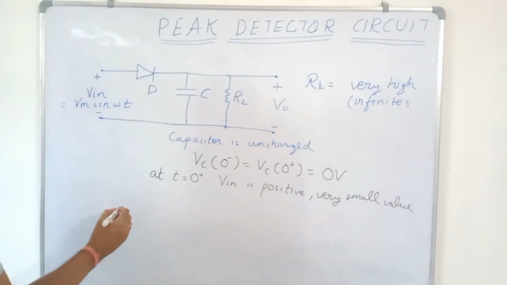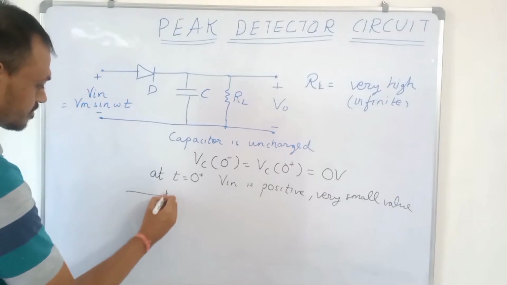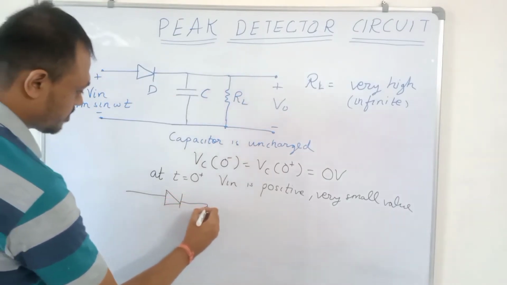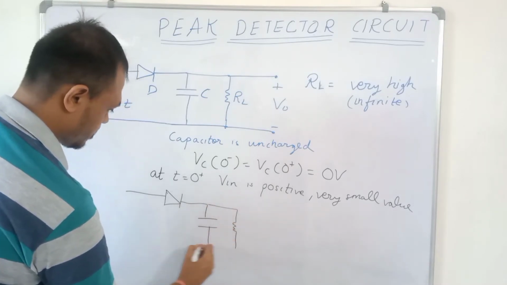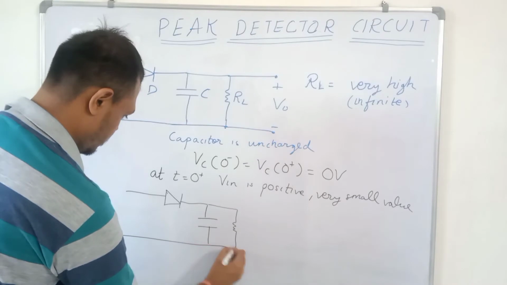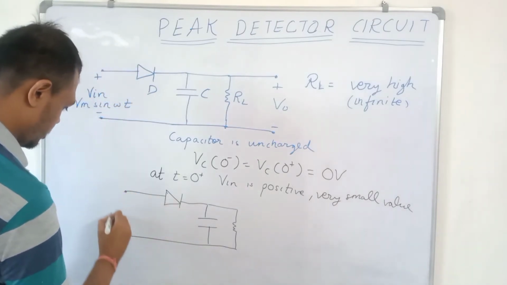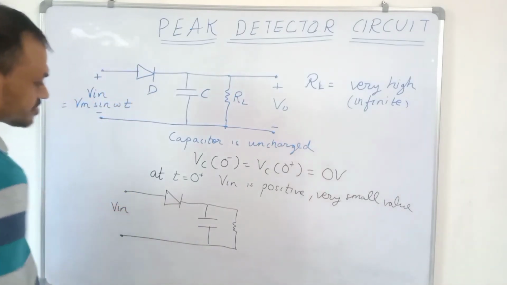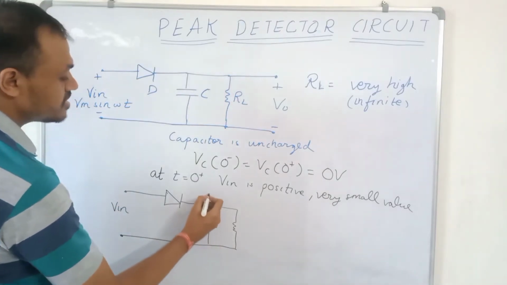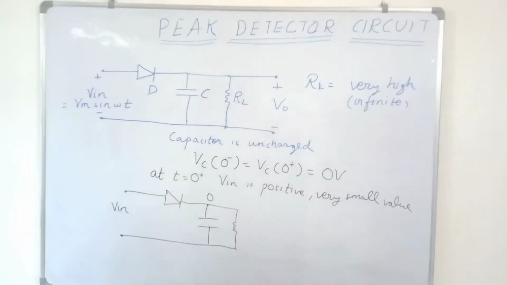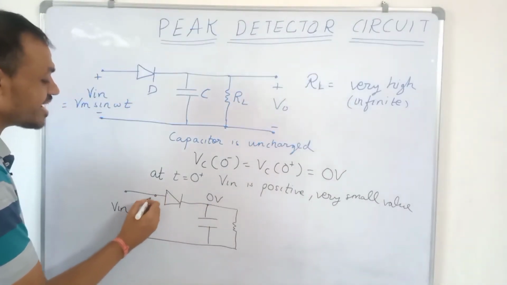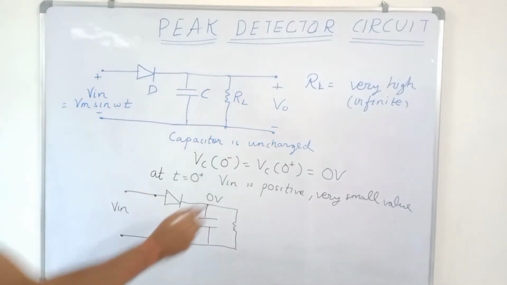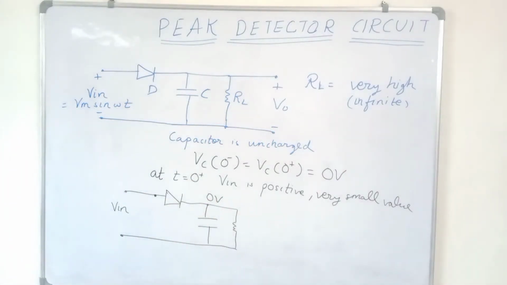So we can draw the circuit like this. The capacitor was uncharged, so this voltage is initially 0 volt and this voltage is equal to Vin, which is positive but a small value.